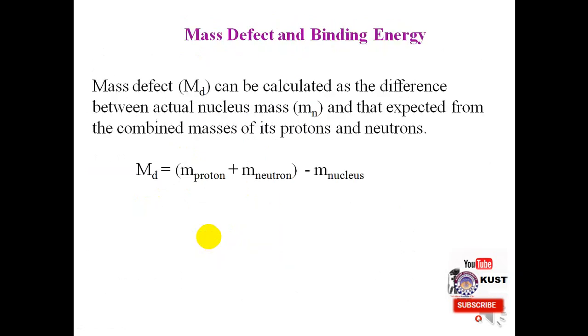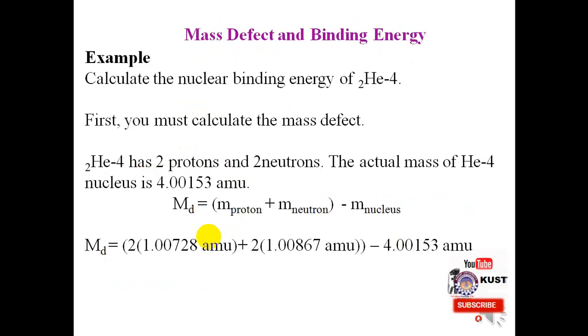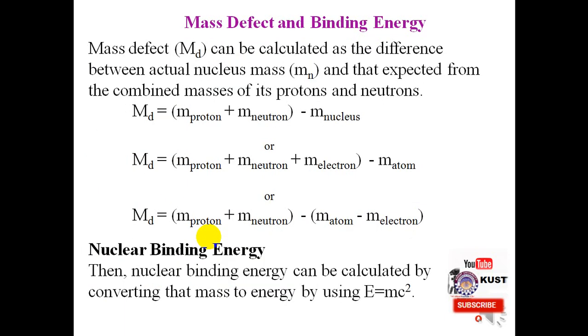There is a simple calculation by which we can calculate mass defect and binding energy. Mass defect can be calculated as the difference between the actual mass of the nucleus and that expected from the combined masses of its protons and neutrons.